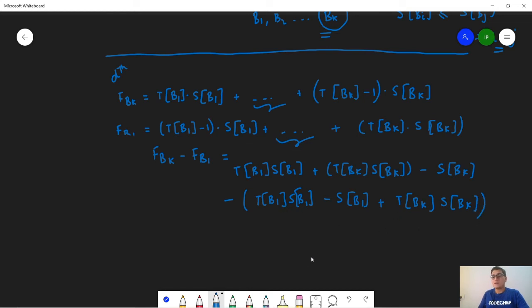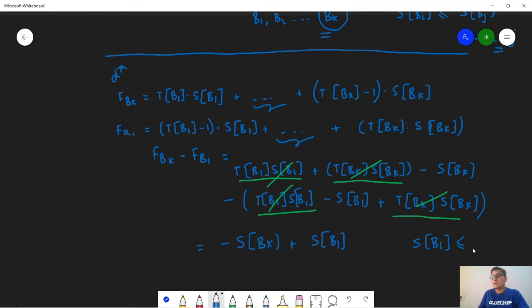So now as you can see, these terms are exactly the same, hence they will get cancelled. So finally we are left with minus S of B of K plus S of B of 1, and as we know that S of B of 1 is less than or equal to S of B of K, this is negative.